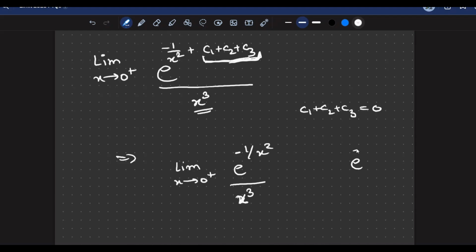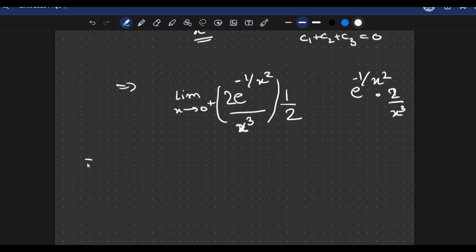It is e power minus 1 by x square into 2 by x cube, all right. So just multiply 2 over here, divide 2 over here, and what we get is limit x tending to 0 plus half d by dx of e power minus 1 by x square.